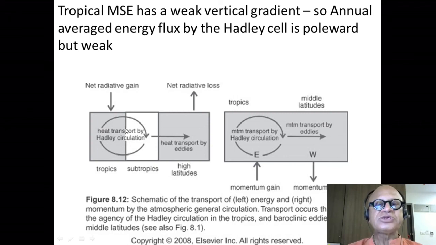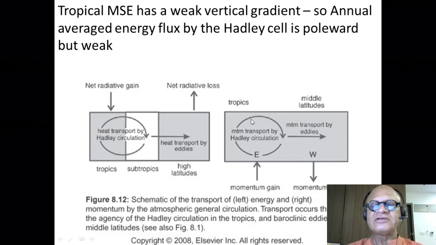So as far as energy transport is concerned, we have to take energy from warmer temperatures to colder temperatures, and there is a net radiative loss here and a net radiative gain here, as opposed to the angular momentum, where there is a net angular momentum gain in the easterlies domain of the low latitudes.